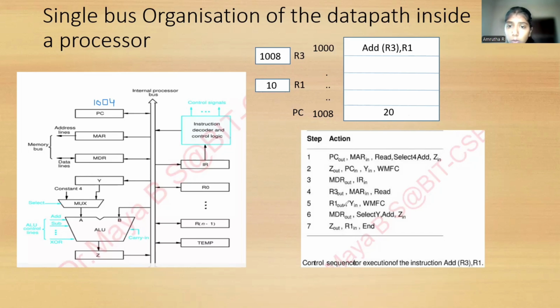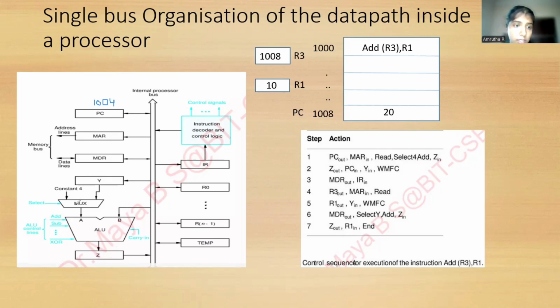Now R1 out will happen. Addition has to be performed. R1 has value 10 and that is passed to B as an input, and Yin takes place for MDR, which gives the R3 value.